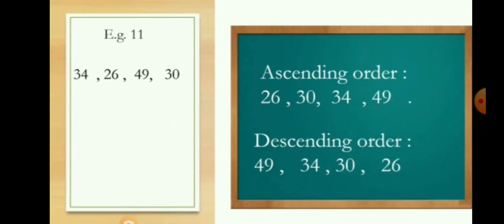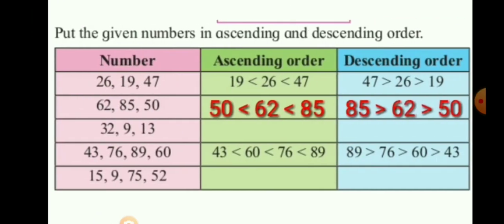Here the numbers are 34, 26, 49 and 30. Ascending order will be 26, 30, 34, 49. And the descending order will be 49, 34, 30 and 26. Now let's complete the remaining examples in the given table.